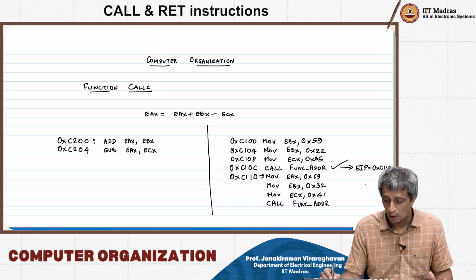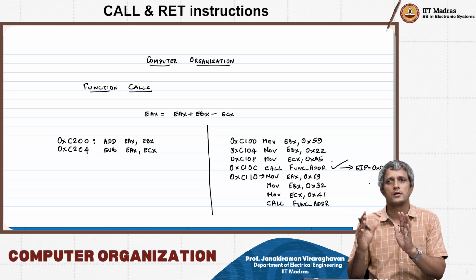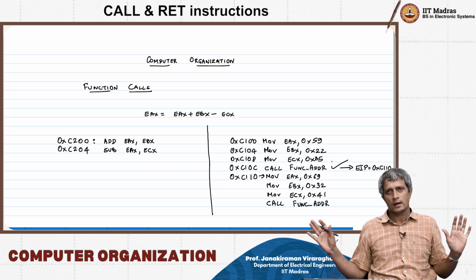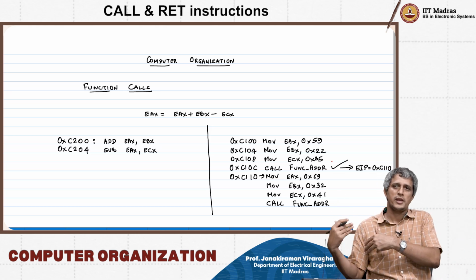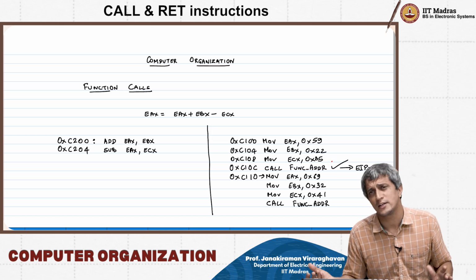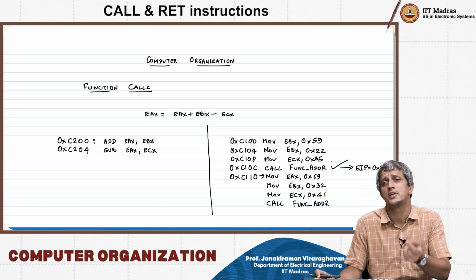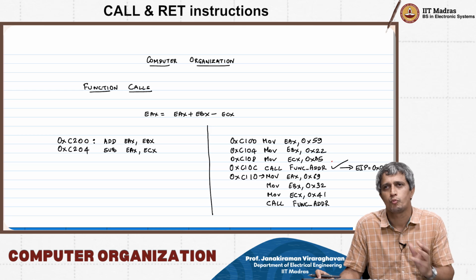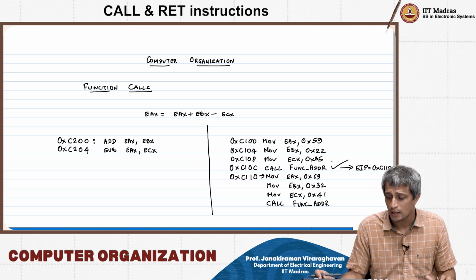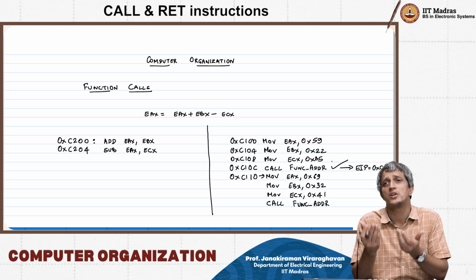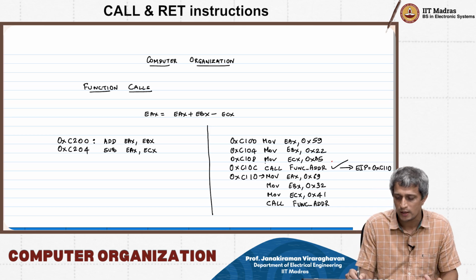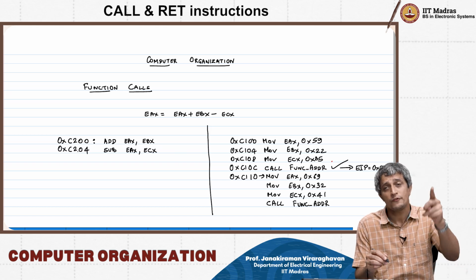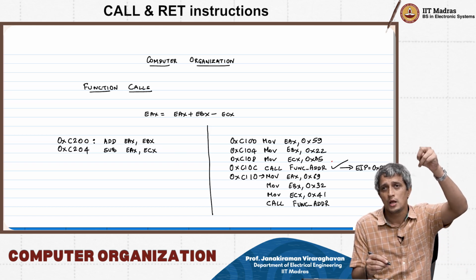Okay, now all I have to do is store this value somewhere so that I can use it for returning appropriately. Where can I store this? Technically, I could put this in some register, right? But think about the scenario where we make one function call, and from that function I make another function call, and I make one more.